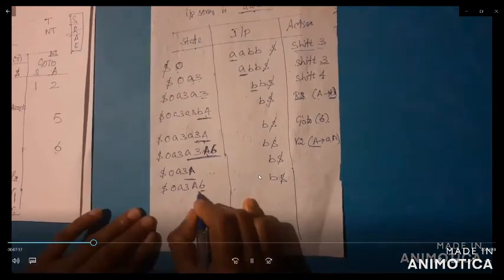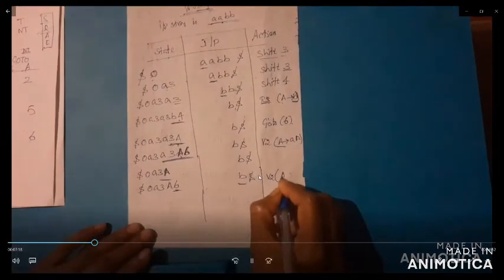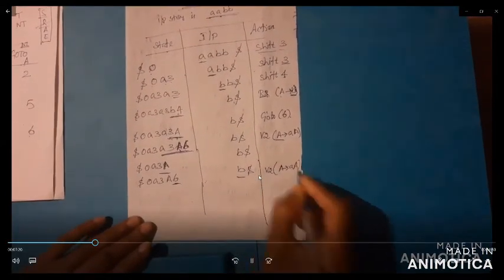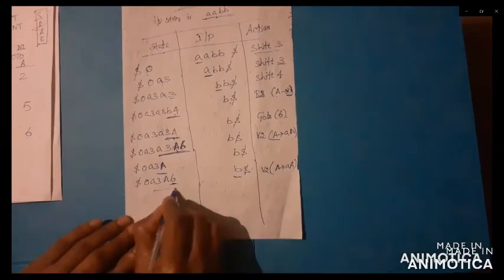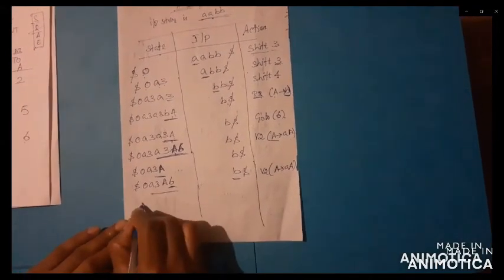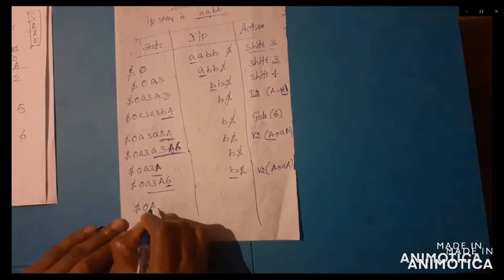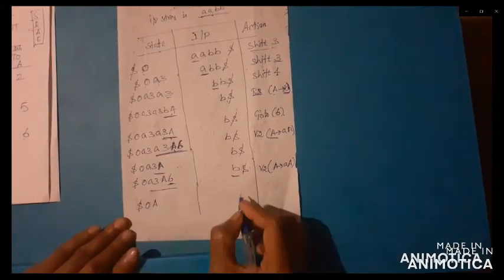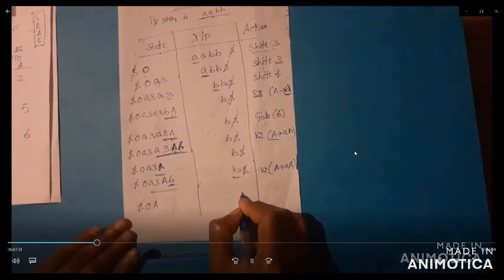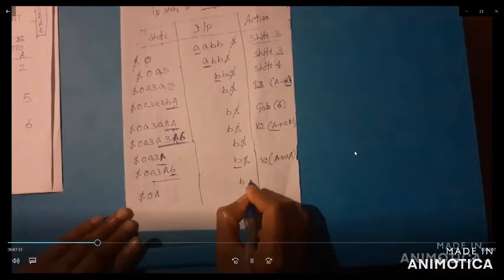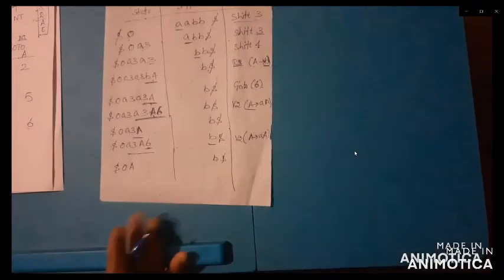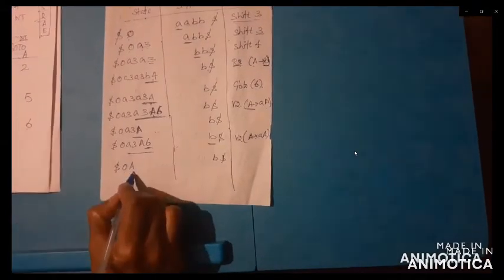Okay. What is 6B? 6B is R2. What is R2? Second grammar aA. So here up to aA you have to change for A. So $0A 0A B $. Okay. So what is 0A? 0A is 2.